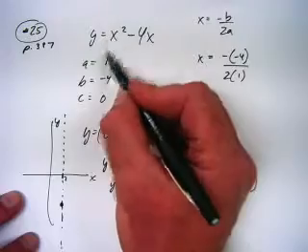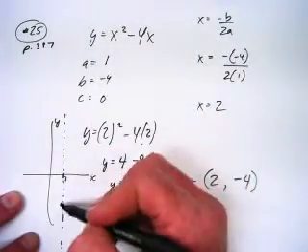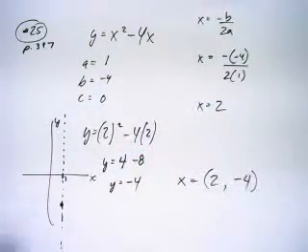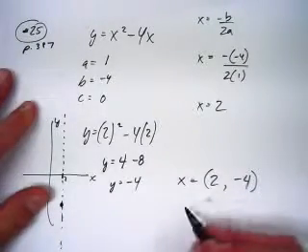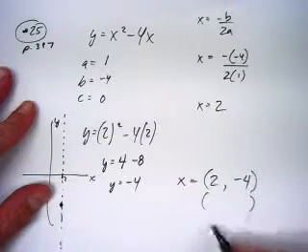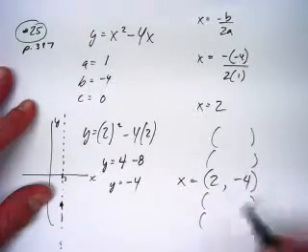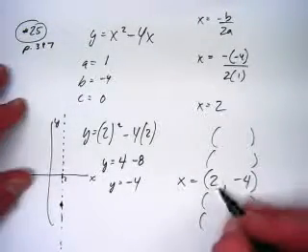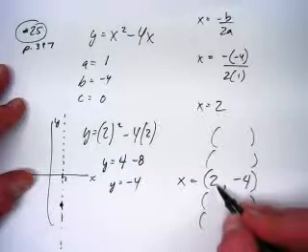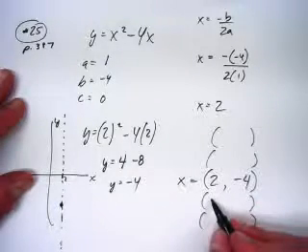We know it's going to open up because a is positive. We could sketch a graph here, but we want to actually find points that work. So we're going to make 2 points above and 2 points below the vertex. They're all going to be above the vertex in y, but 2 x values above and below the x value of the vertex.